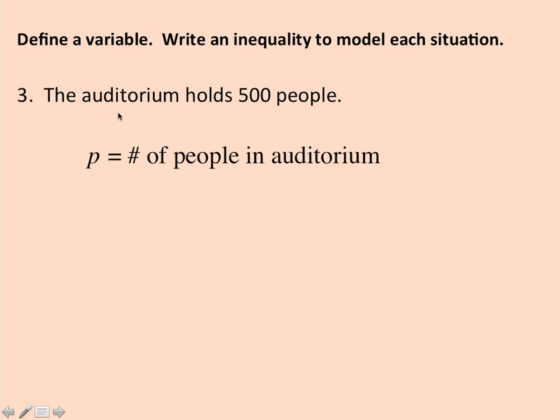So if P is the number of people, well, that number of people has to be less than or equal to 500. I can't do more than 500. I could do one person. I could do no people as long as I'm less than 500. I could be exactly 500. So it's less than or equal to 500.